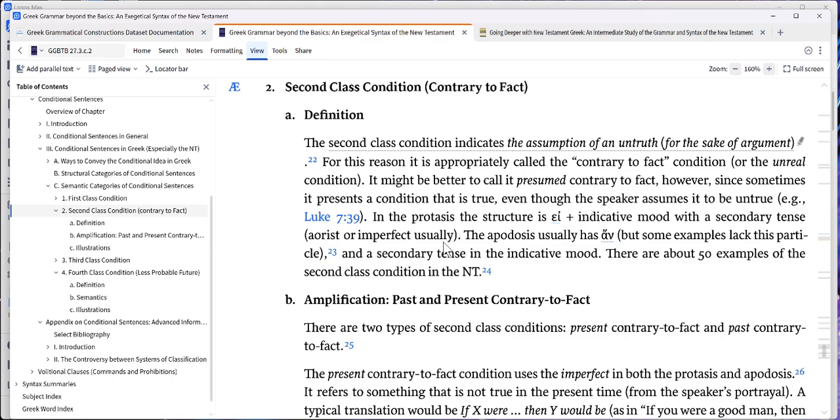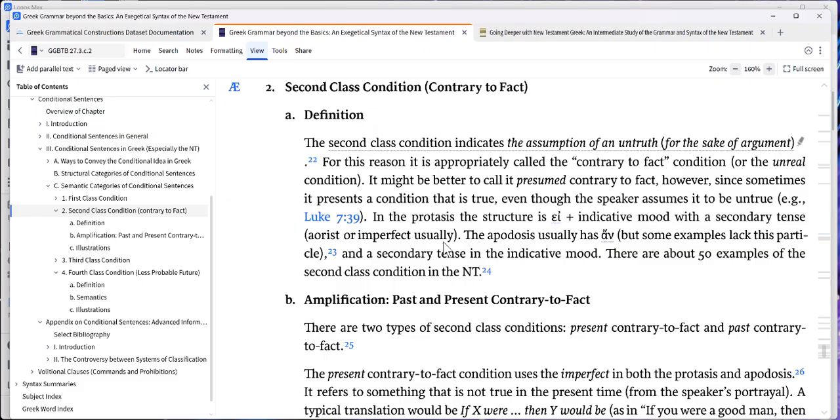For this reason, it is appropriately called a contrary to the fact condition or an unreal condition. It might be better to call it presumed contrary to the fact, however, since sometimes it presents a condition that is true, even though the speaker assumes that it is untrue. Here's the example of Luke 7:39.